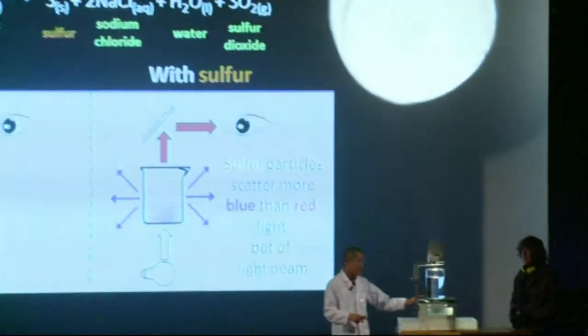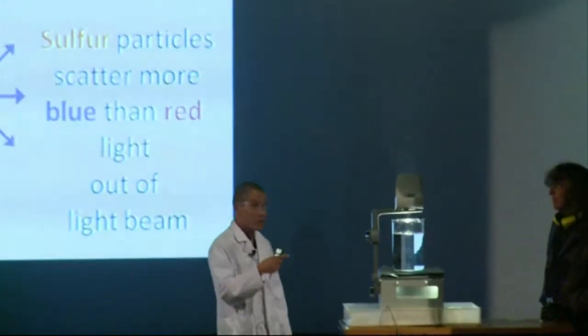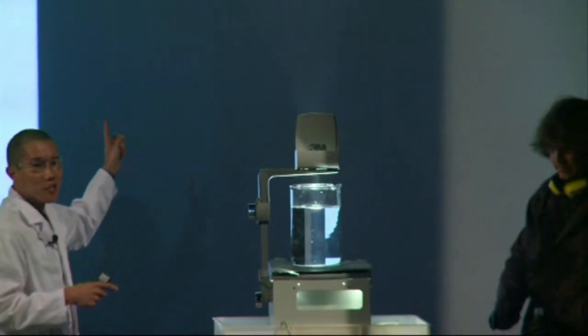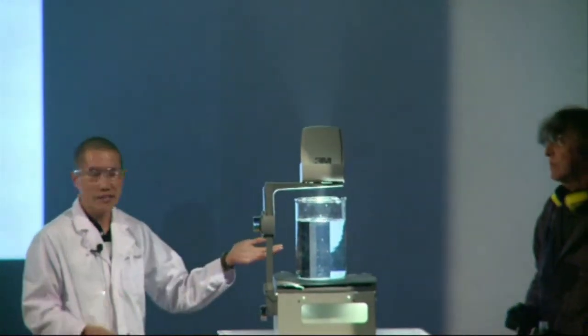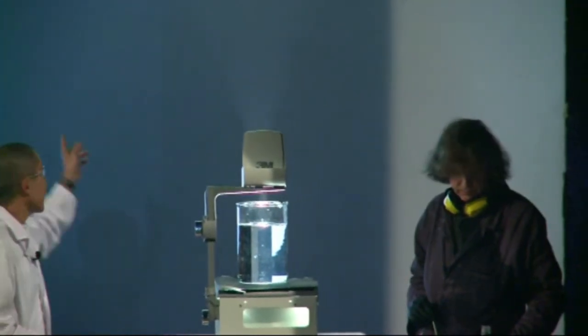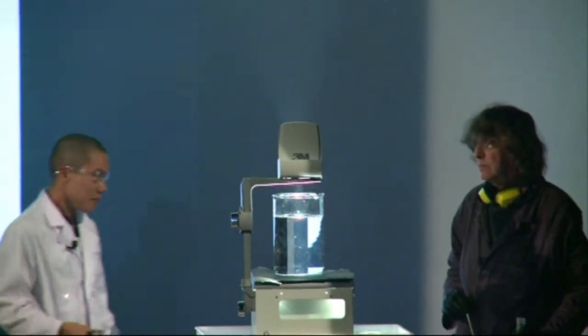The beaker is sitting on top of a projector which shines light through the solution and onto the screen behind me. As you can see, because the solution is clear and colourless, all of the light passes through, and so the image projected on the screen is white.